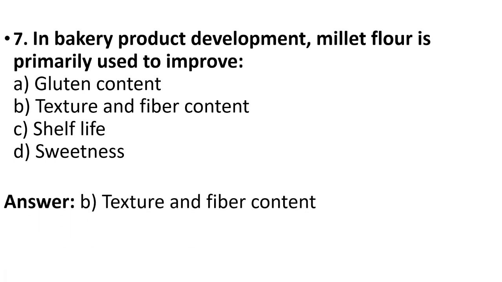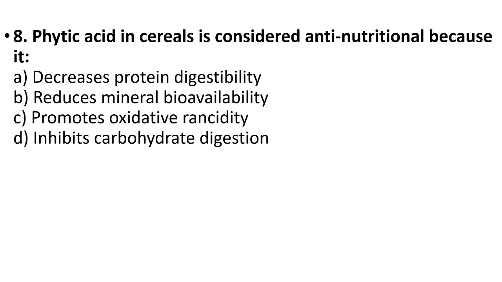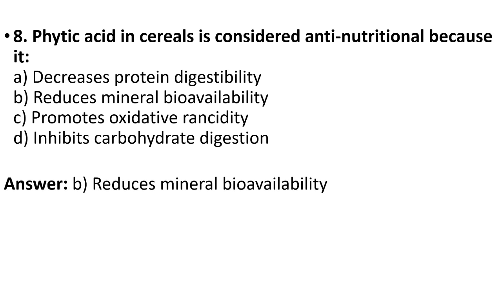Your answer is option B, texture and fiber content. Eighth question. Phytic acid in cereals is considered anti-nutritional because it decreases protein digestibility, reduces mineral bioavailability, promotes oxidative rancidity, inhibits carbohydrate digestion. Your answer is option B, reduces mineral bioavailability.